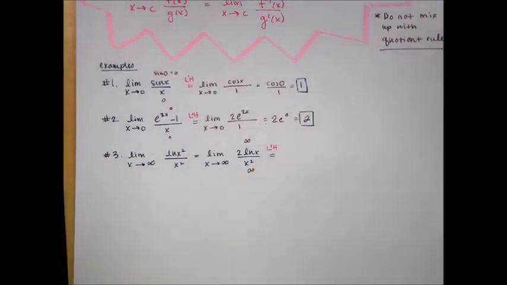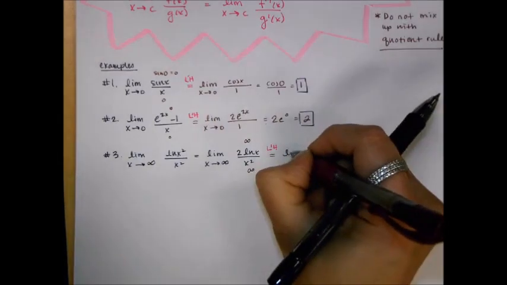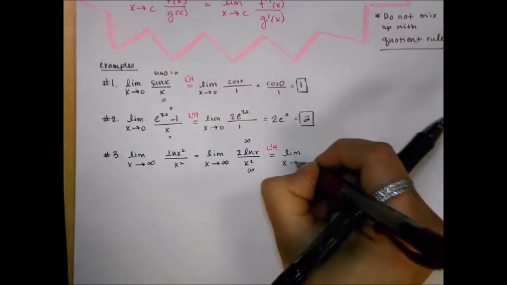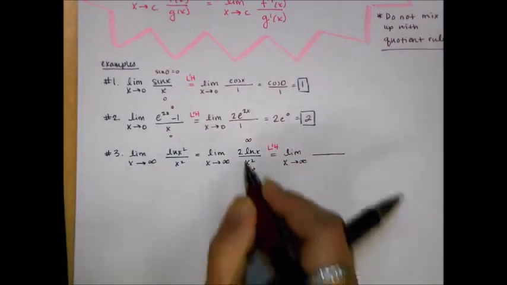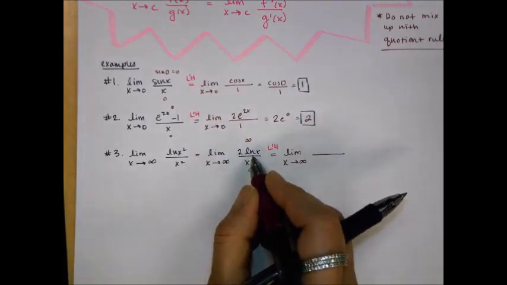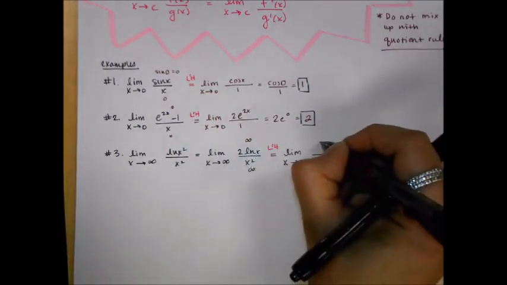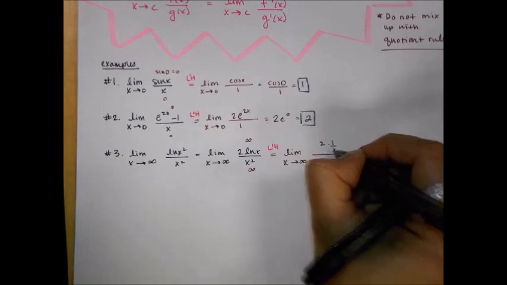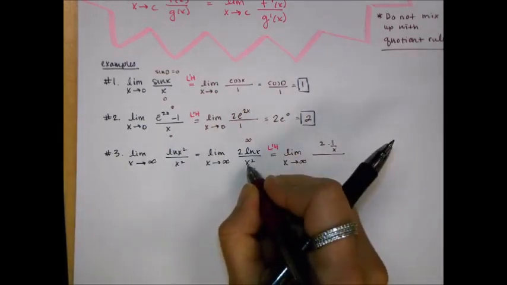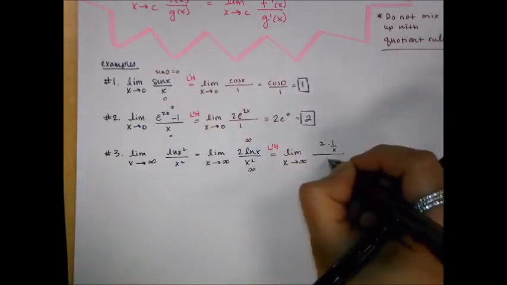So we have now the limit as x approaches infinity. And we'll take the derivative of the top. So I have 2 times the derivative of ln x, which is 1 over x. And in the denominator, the derivative of x squared, which is 2x.